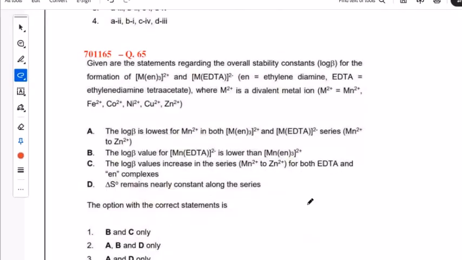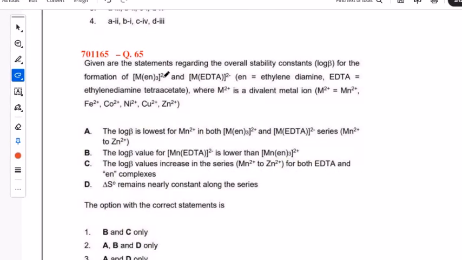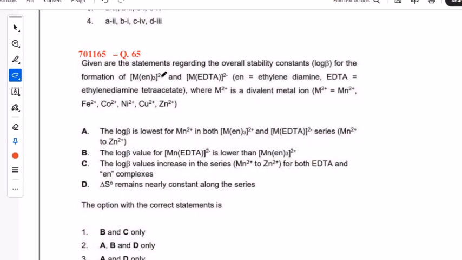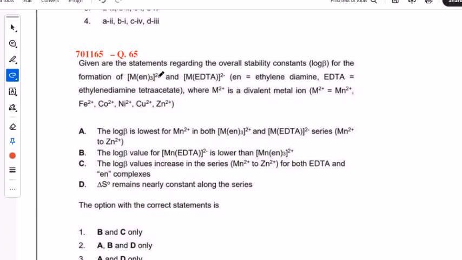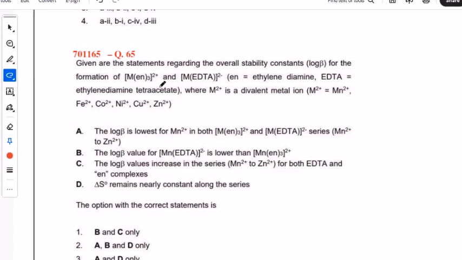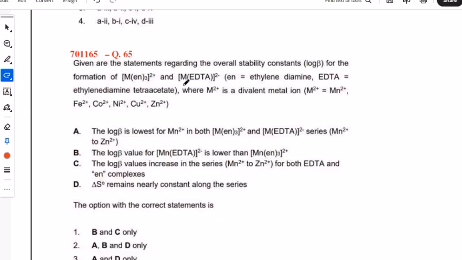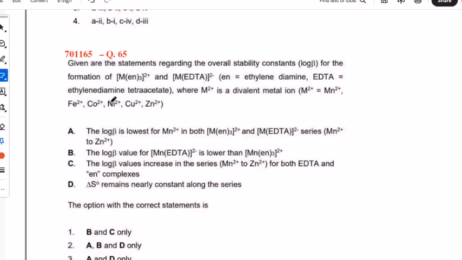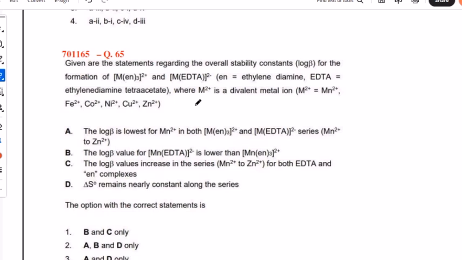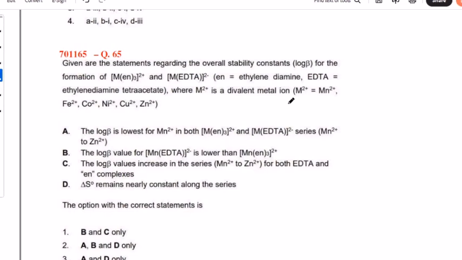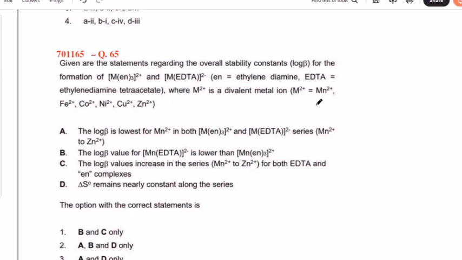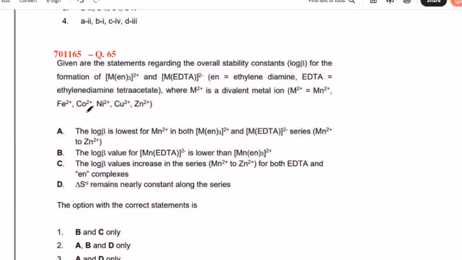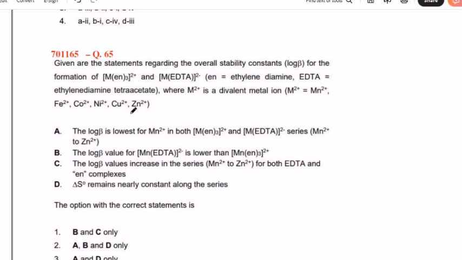Next, question number 65. Given are the statements regarding the overall stability constants, that is log beta, for the formation of M(en)2 2+ and M-EDTA 2-, where EDTA is ethylenediaminetetraacetate and M2+ is a divalent metal ion: manganese 2+, iron 2+, cobalt 2+, nickel 2+, copper 2+, zinc 2+.